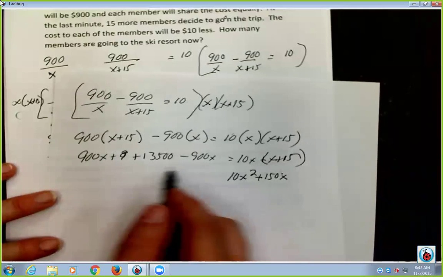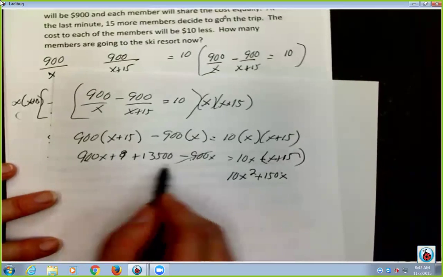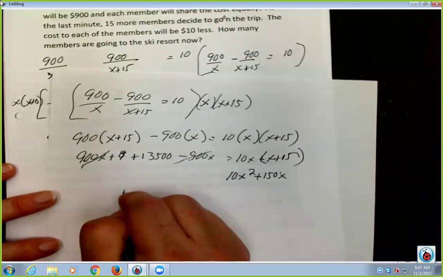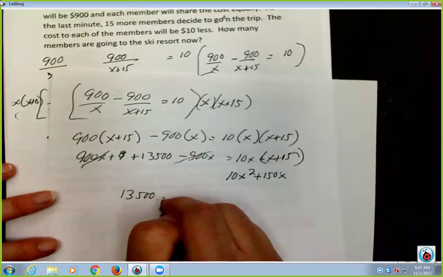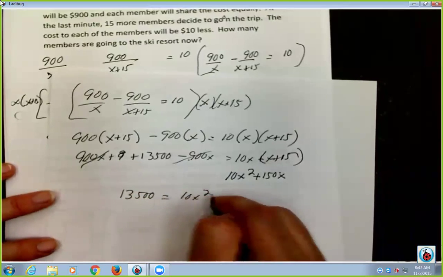So then, if I put these 900x's together, they cancel. So I have 13,500 is equal to 10x squared plus 150x.